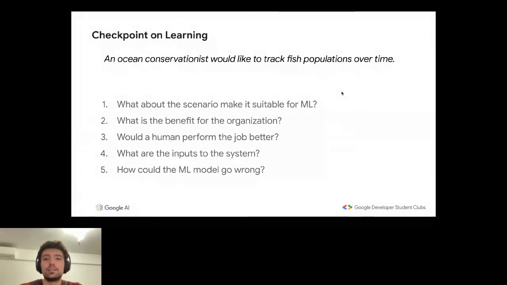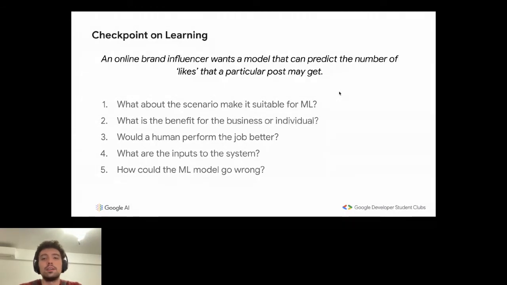There is also another scenario that we can think of, but I'll let you take some time on your own to think about this. An online brand influencer wants a model that can predict the number of likes that a particular post will get. This is maybe a problem closer to us as we use social media, and you might want to get some examples from social media itself.